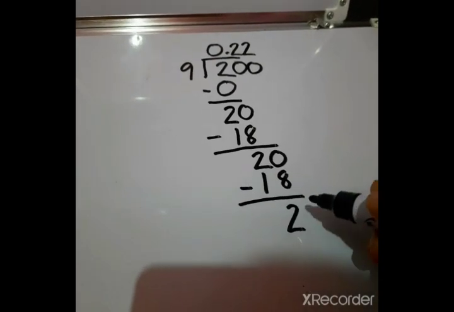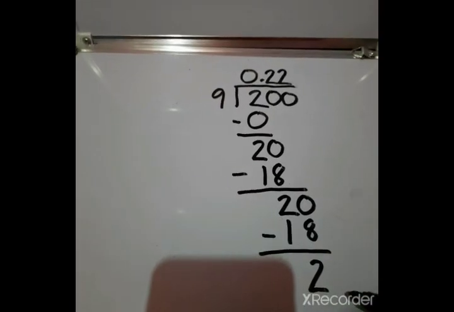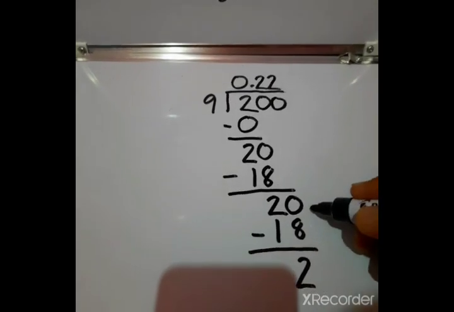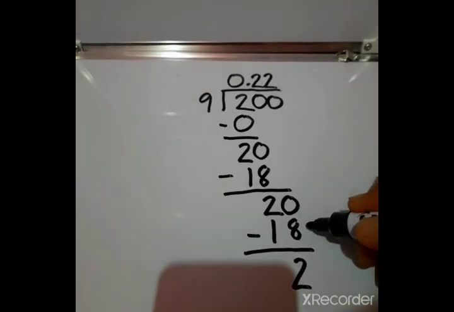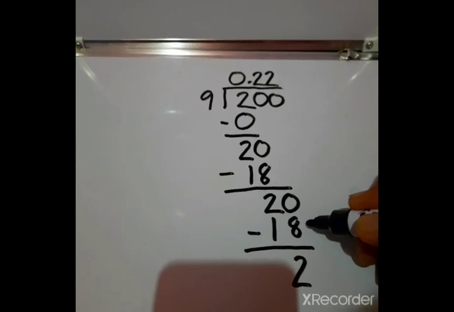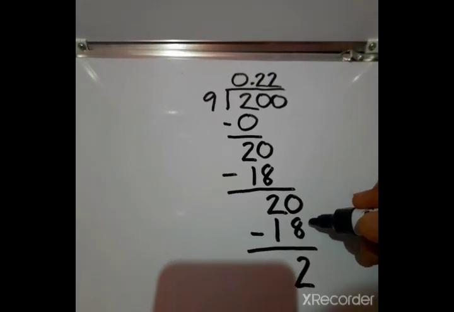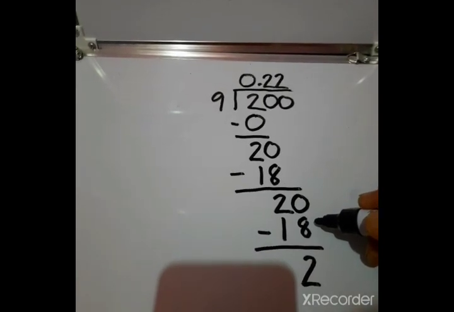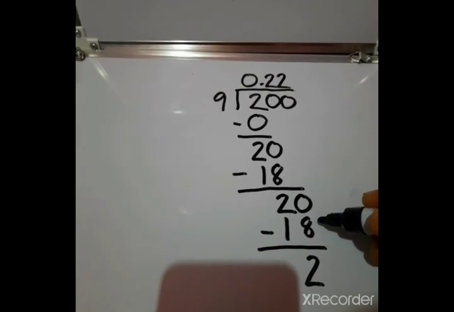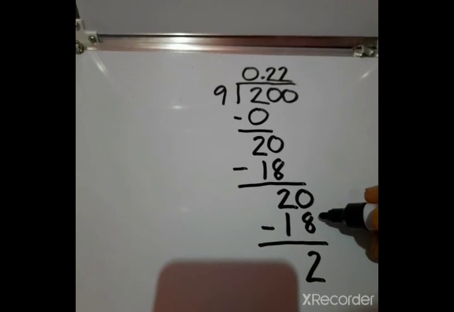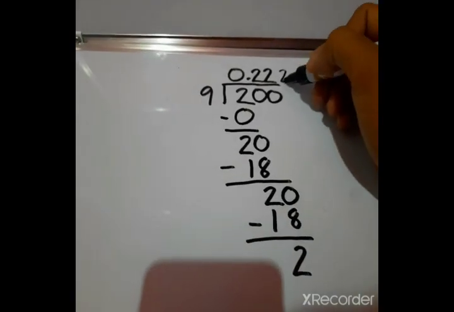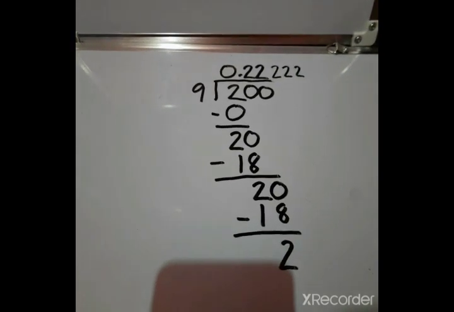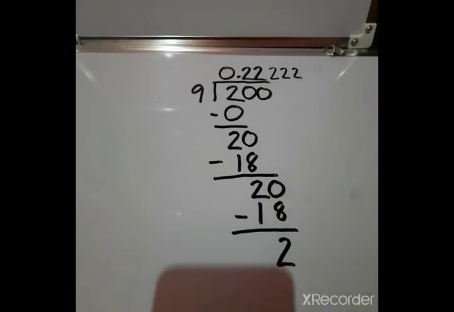Have you noticed something? This number here is just the same as this number. So I can say this is repeating. So we will stop the process. We will end there, because if we continue to solve this one, the answer will be an infinite 2. And there will be no ending, because this is a repeating decimal.